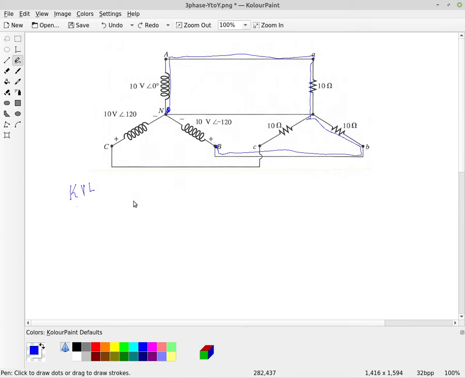So looking at the circuit here, we have a voltage VAN, okay, which is a line voltage, and that voltage is 10 volts at an angle of 0 degrees.